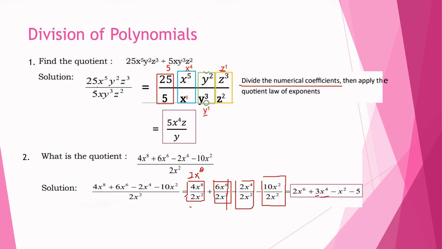Then 2 divided by 2 is 1, so do not write anymore 1. Then x to the 4th divided by x squared is x squared. Next, 10 divided by 2 is 5. So 2 minus 2 is 0. And any number raised to 0 is equal to 1. So the answer is 2x to the 6 plus 3x to the 4th minus x squared minus 5.